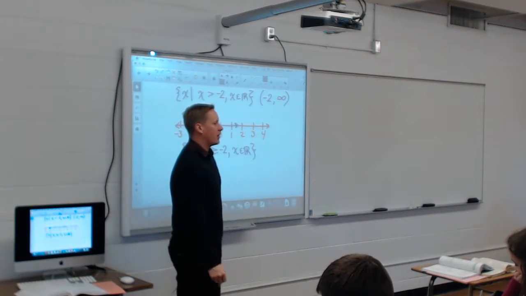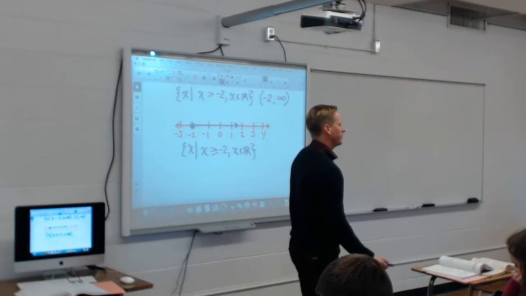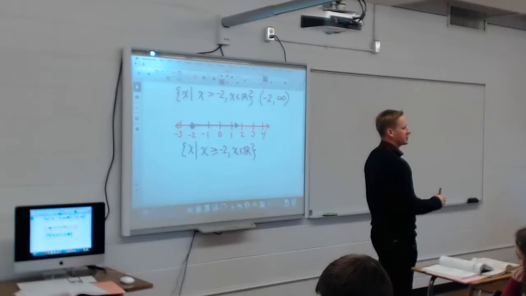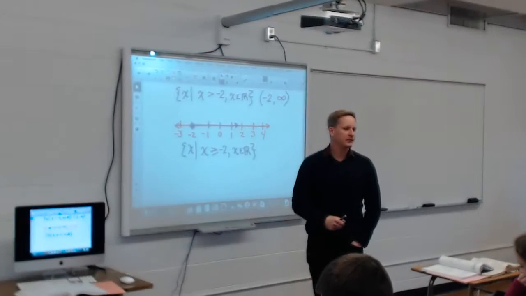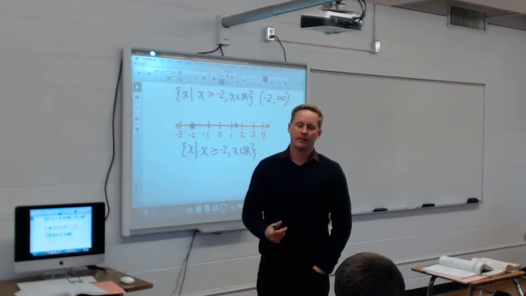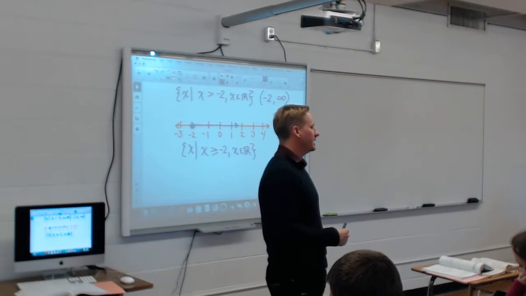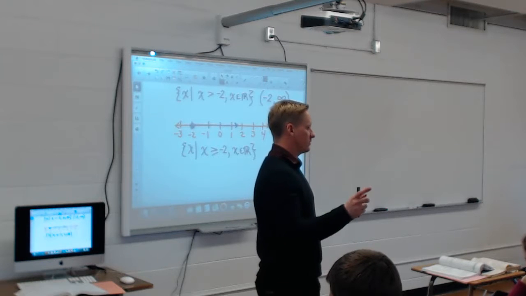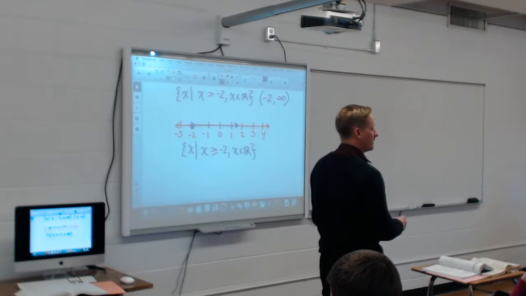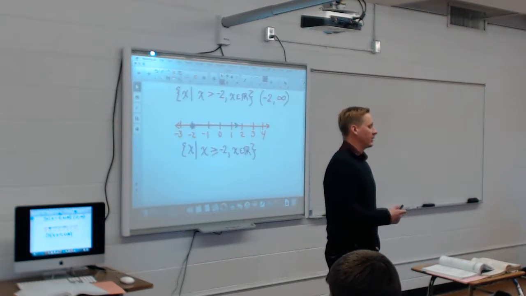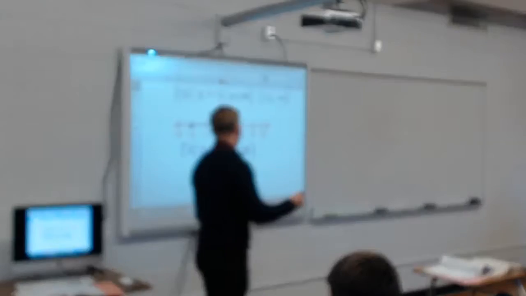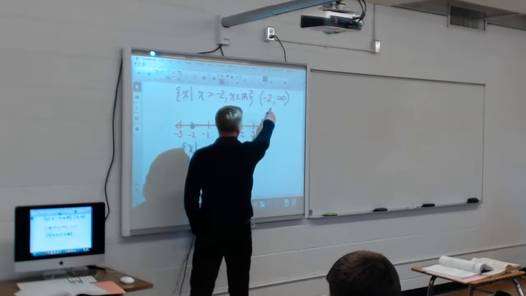Now, x is an element of all reals is going to be very, very huge for you as we go. Because when we describe a lot of graphs, we're going to do it as x is an element of all reals. Any linear line that has arrowheads on both ends means x is an element of all reals. That's your domain. But we'll come back to that. So now, how does this guy change then?